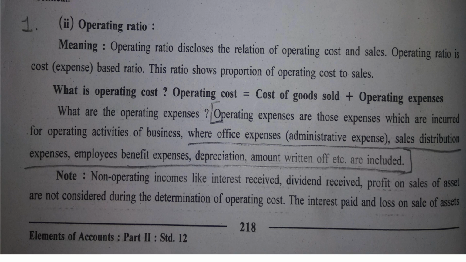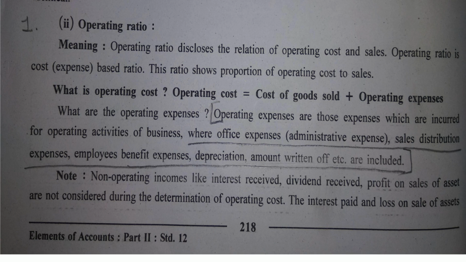In the very first lecture, we understood the definition: accounting ratio is the relationship between two accounting figures. So which are the two figures here? It is the relation between operating cost and sales. Operating ratio is a cost-based ratio.